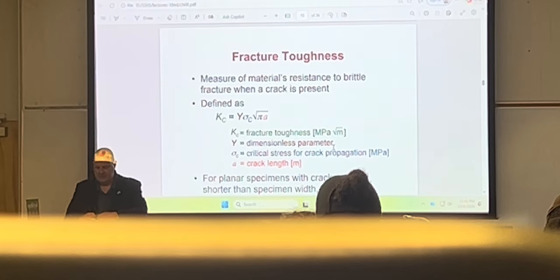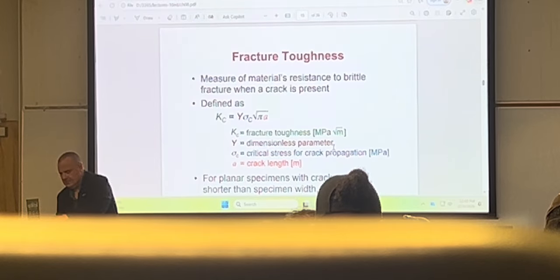So what I'm doing here is I'm applying the stress, and there's a flaw. I'm applying the stress and nothing happens. Then I keep increasing that stress. At the point when the crack starts to propagate, at a given stress level, it just happened now.